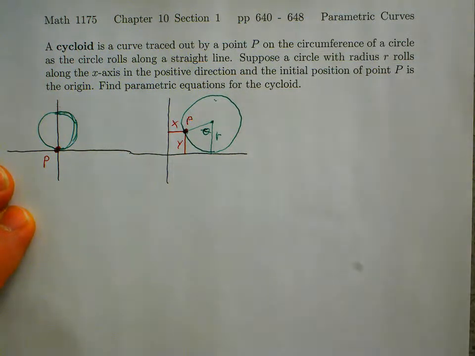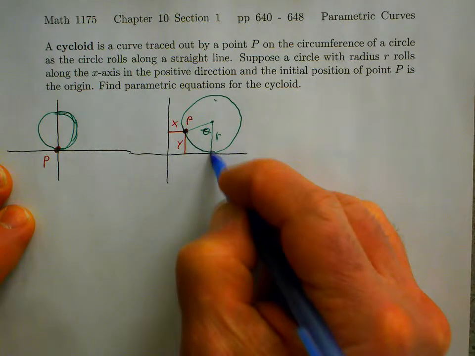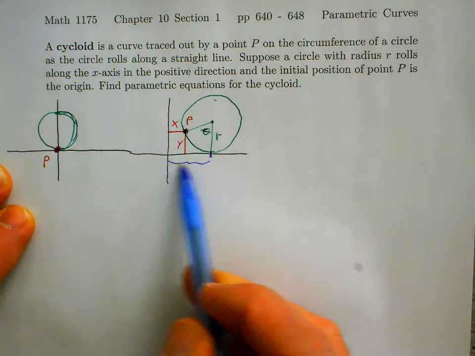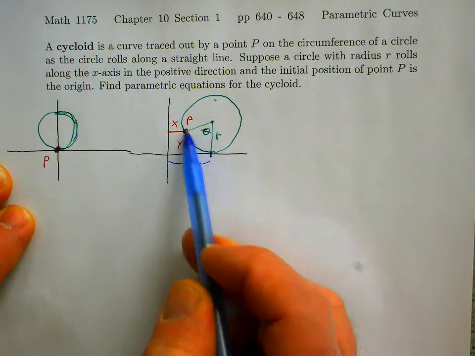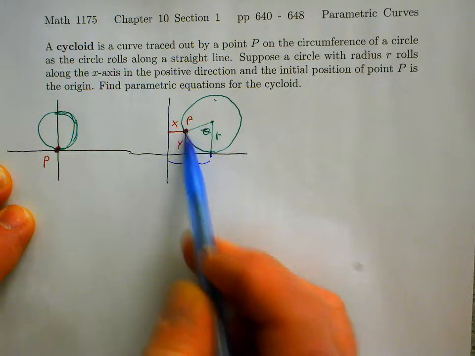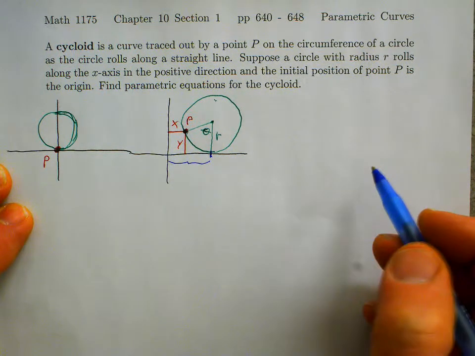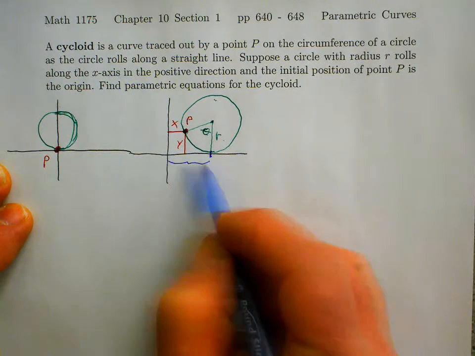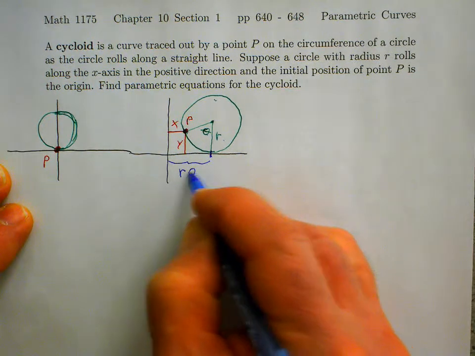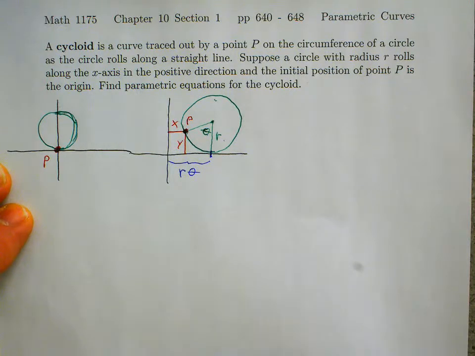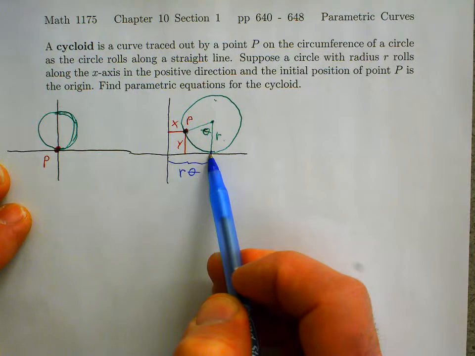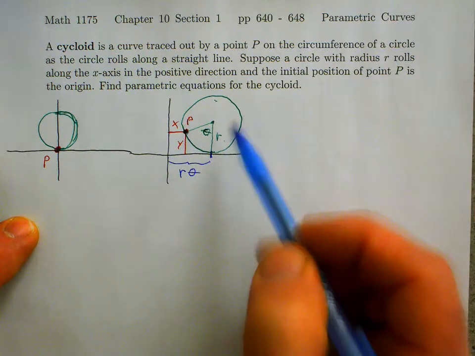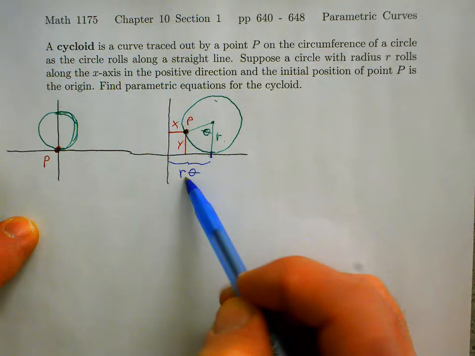This distance along the x-axis is the same as the arc length of this part of the circle. Since the central angle is theta and the radius is r, the arc length is r times theta. So the distance from the origin to this point is the same as the arc length, because that's what was rolled through. So r theta is that length.